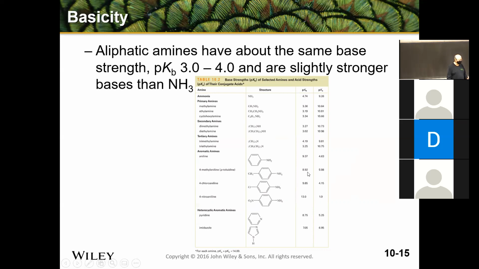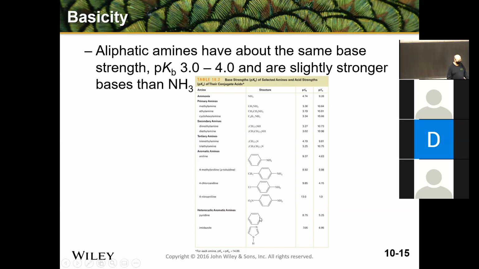The pKb is a little bit lower. If we have electron withdrawing groups, such as the nitro group, that gives us a weaker base. So 4-nitroaniline is more than 1,000 times weaker than aniline.